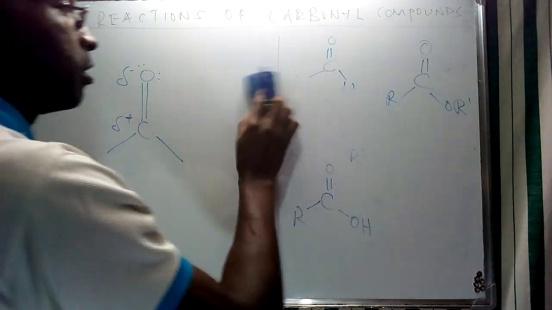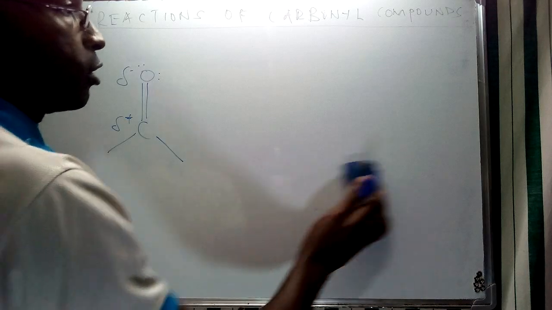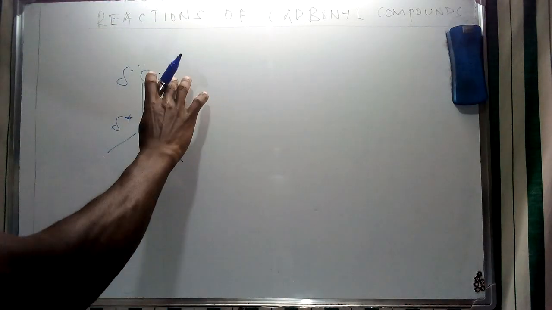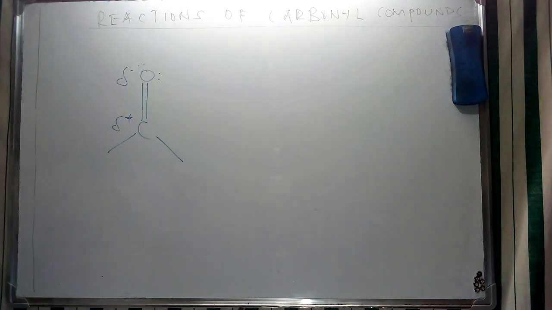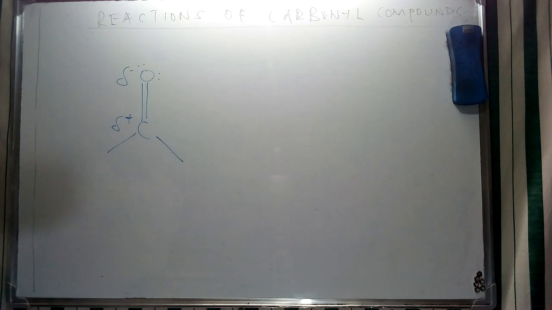Therefore, our general discussion is going to be centered around looking at ways in which they react with other compounds, especially focusing on this particular section of the molecule. If we look at the oxygen, we have two pairs of electrons, which are going to give us a partial negative charge at that specific point.